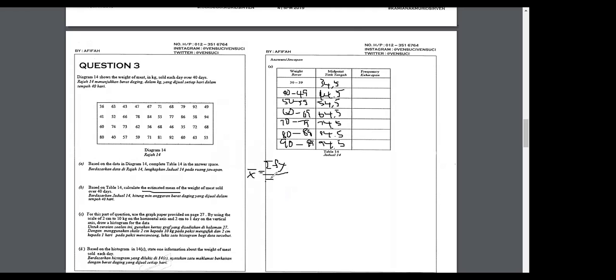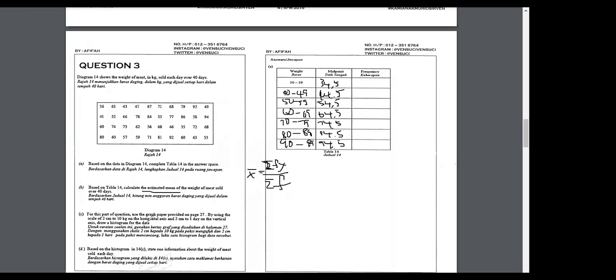Okay, now C, he wants you to draw the histogram. Histogram is the one with the bars.